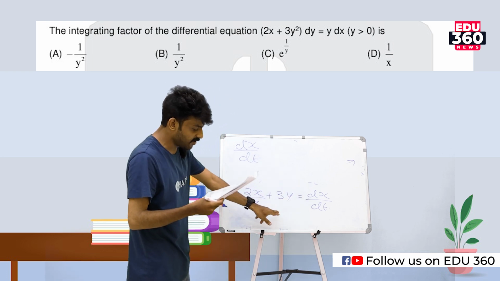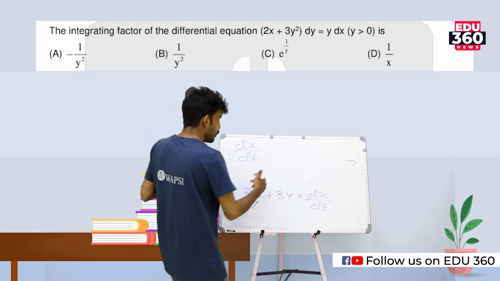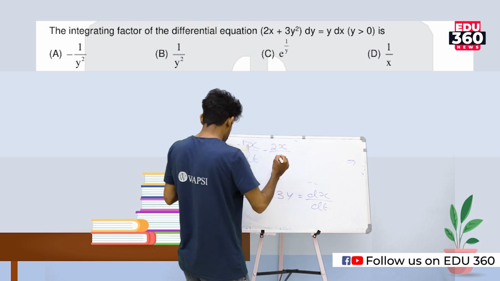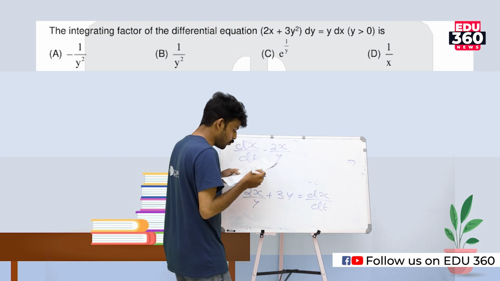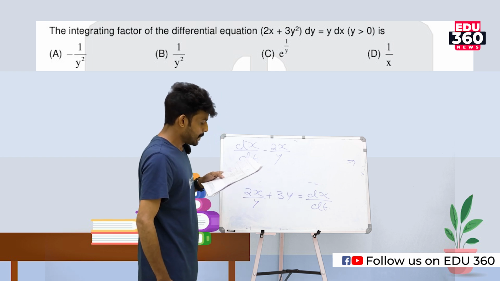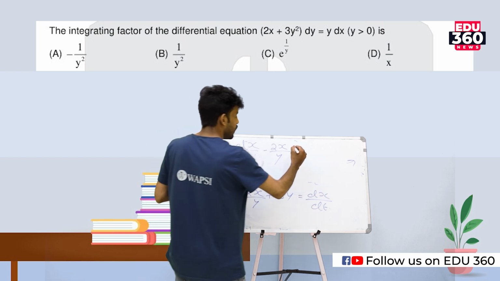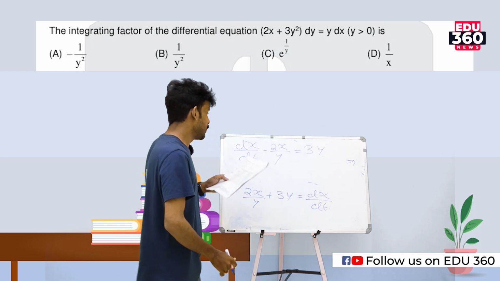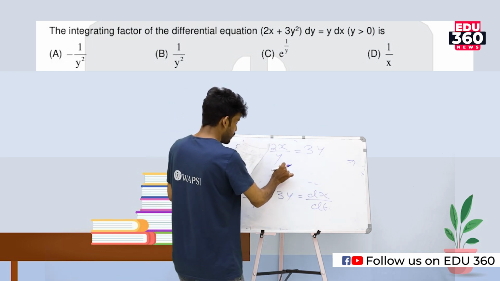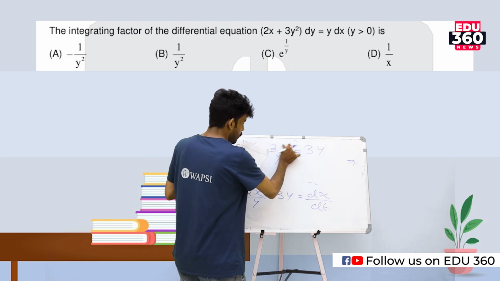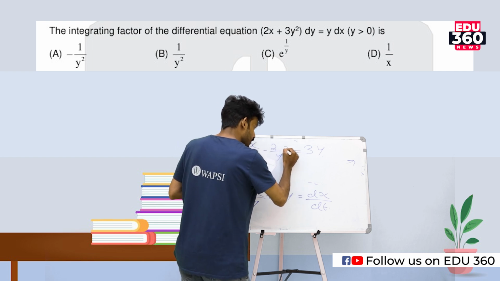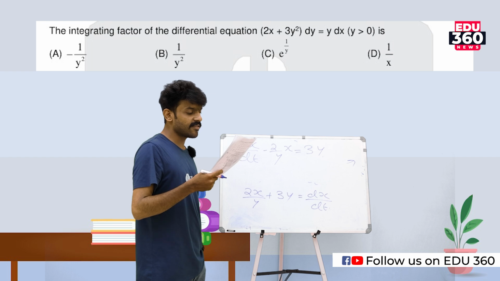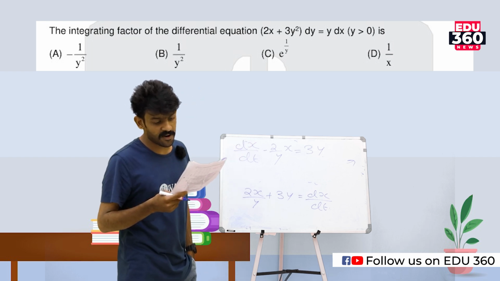So dx by dy is equal to 2x by y plus 3y, which we can write as minus 2 by y x equals 3y. No issues. We know that this is the standard form of a differential equation.